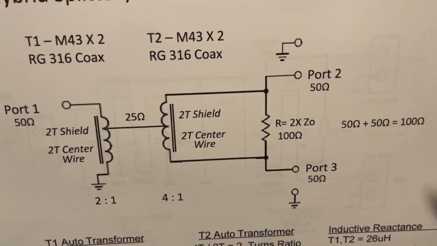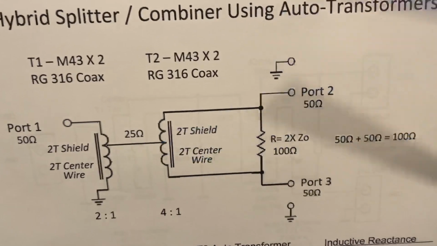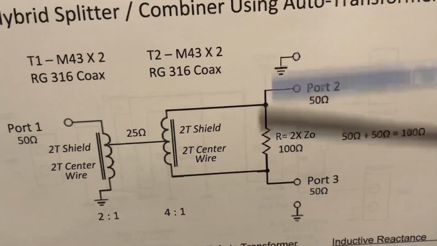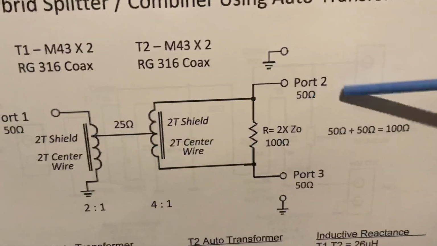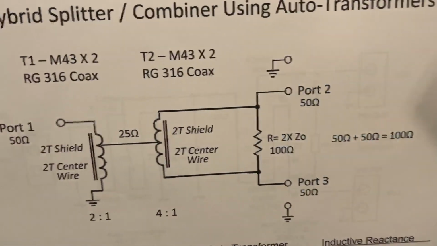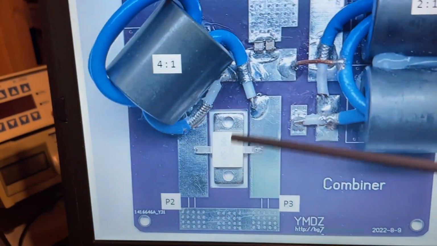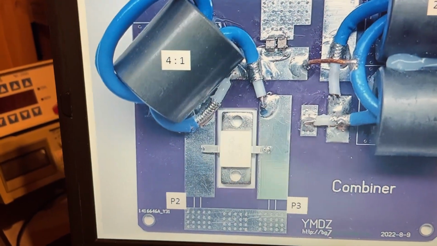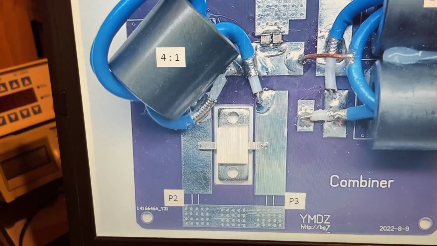And we don't want to have any kind of imbalance. If we're using this as a combiner, for example, we don't want to have an imbalance here, because the difference in the 2 inputs is going to create some power dissipation across the resistor. And that's why typically you see a pretty large resistor that's used, because it's hard to determine what system that's going in and how well it's balanced.